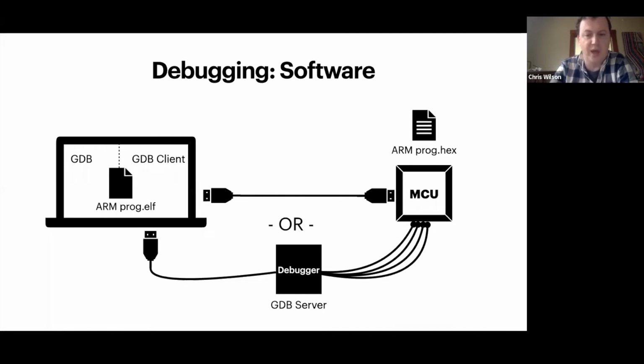You might have to have a separate device, which on one end talks USB, but on the other end talks some custom MCU protocol like JTAG. And this is variously known as a debugger or a flasher or something like that.